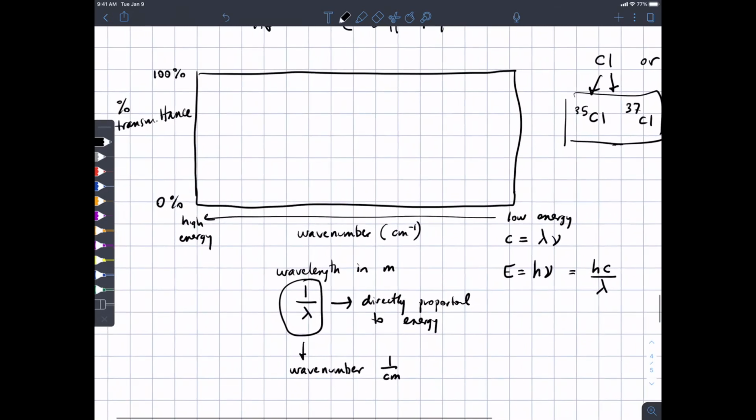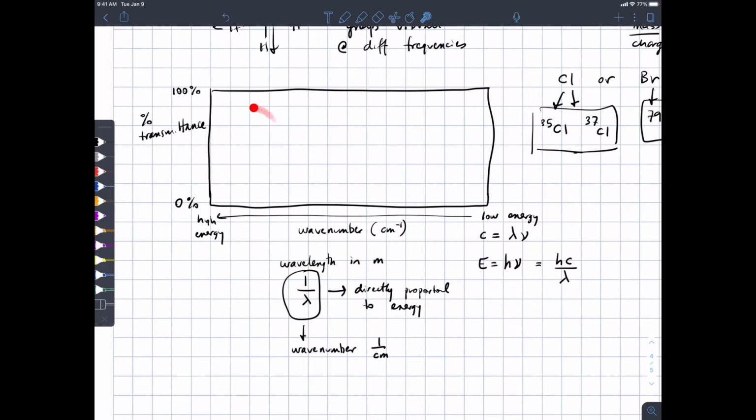What that means is that peaks you see over here are higher energy vibrations than peaks you see over here. The typical IR spectrum will stretch from about 800 wave number to about 3,500 or maybe 4,000 inverse centimeters on that edge.